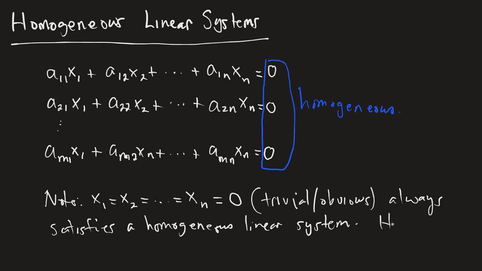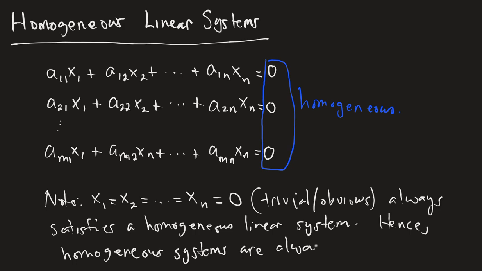So hence, and this is an important fact, homogeneous systems are always consistent. They will always have at least one solution. Remember, consistent means at least one. Inconsistent means none in terms of solutions.